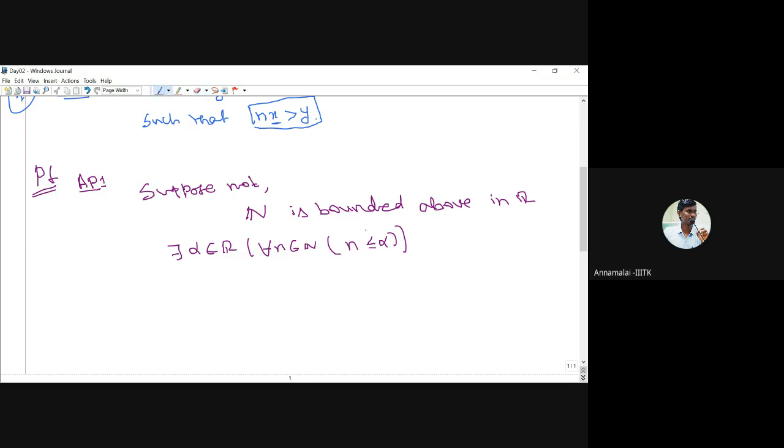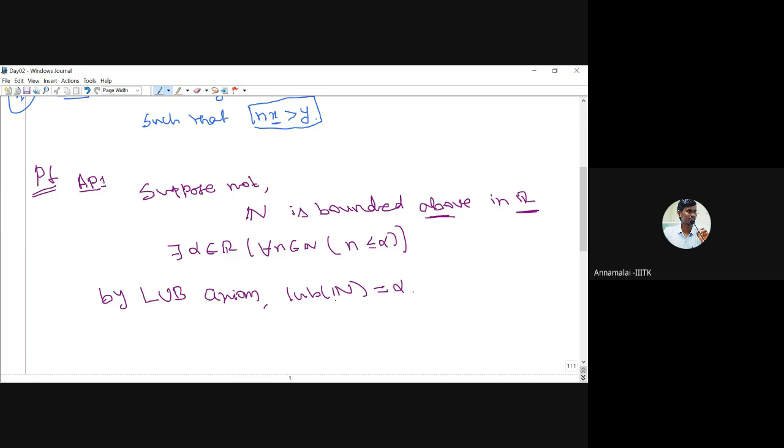Since N is a subset of R and N is bounded above, by the LUB axiom N has a least upper bound. We call the LUB of N alpha. The LUB exists because by the LUB axiom every bounded above subset has a LUB.